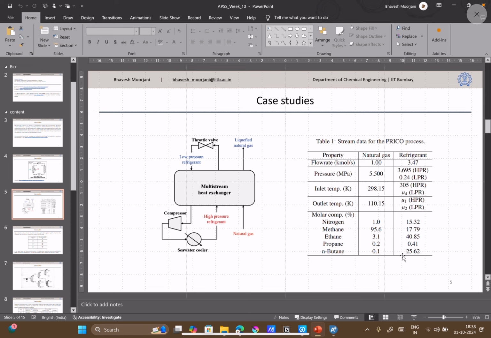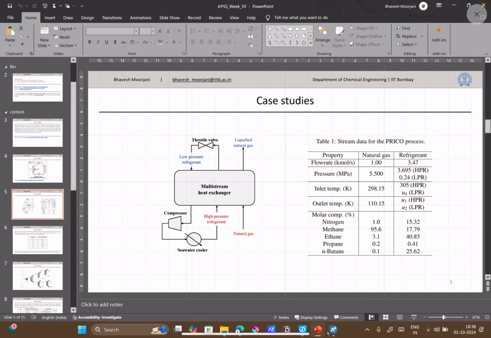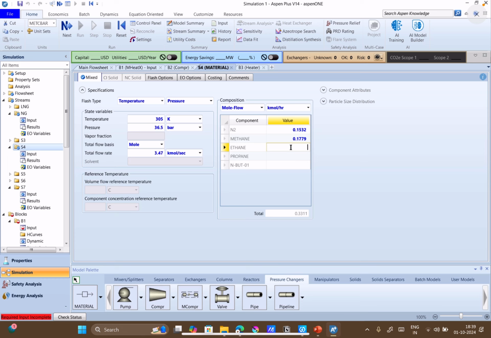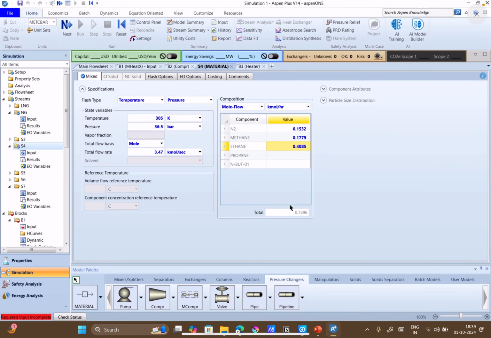Nitrogen is 0.1532, methane 0.1779, ethane is 0.4085, propane is 0.0041 and butane is 0.2562.